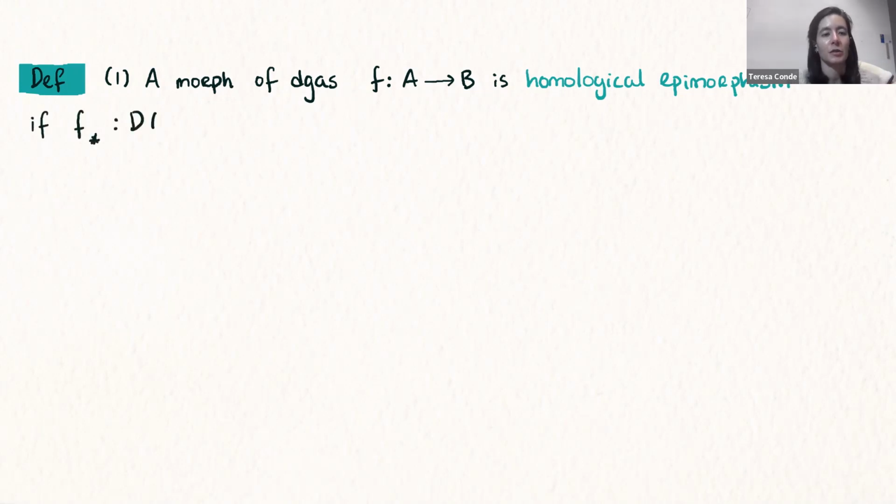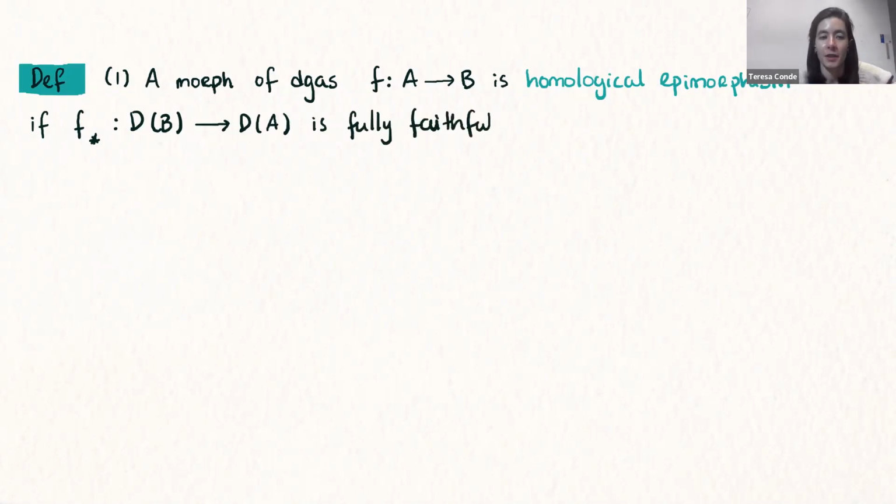A morphism of DG algebras F from A to B is said to be a homological epimorphism if the corresponding restriction functor between the derived categories, i.e. the functor mapping a DG module over B to the same complex just by the restriction action, is fully faithful.